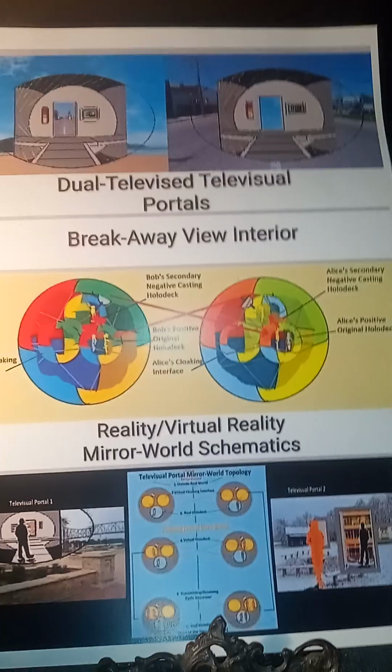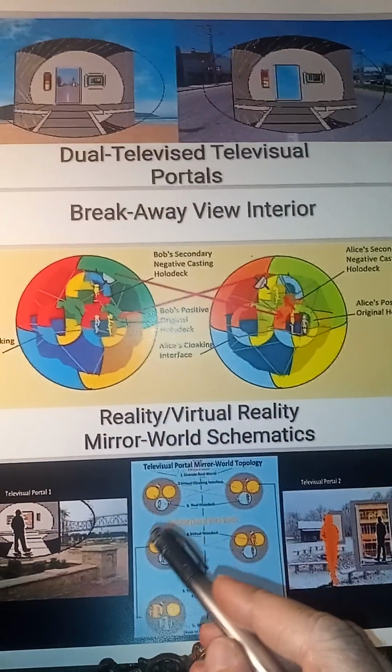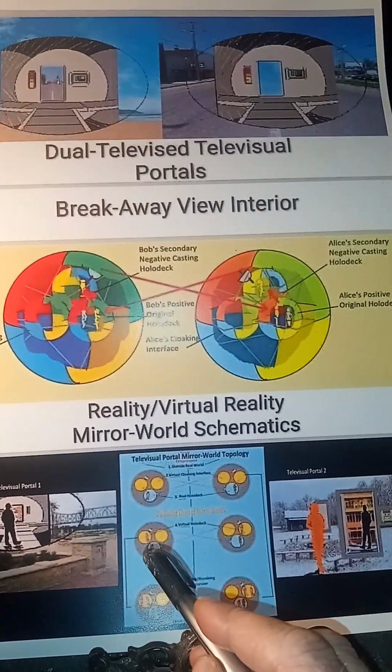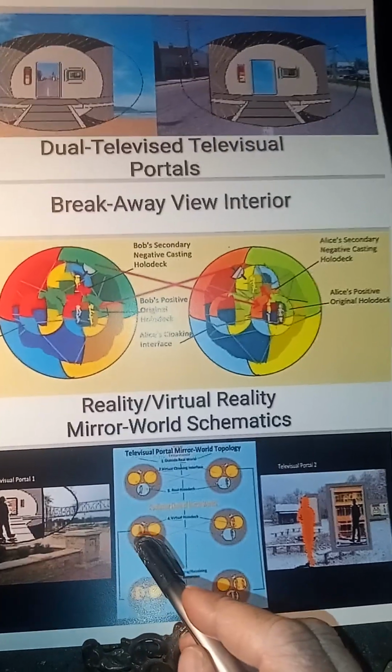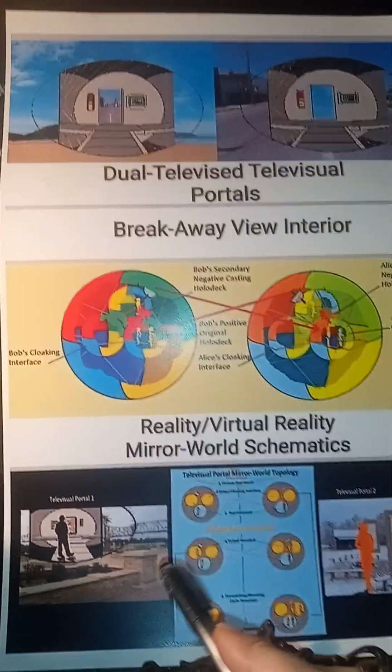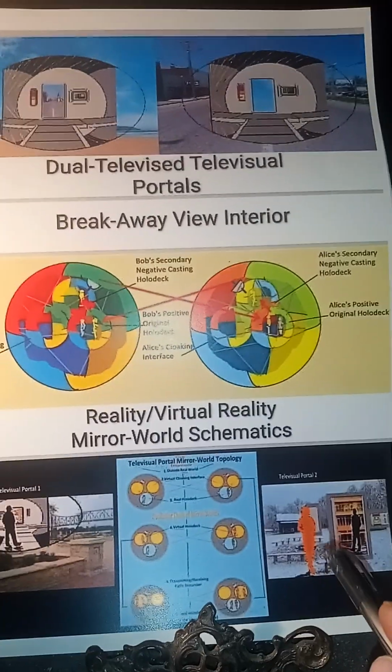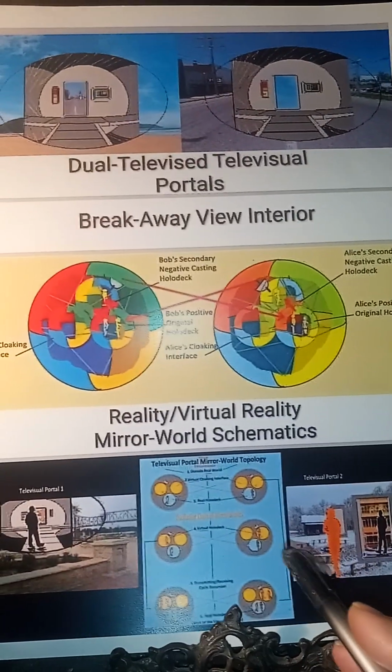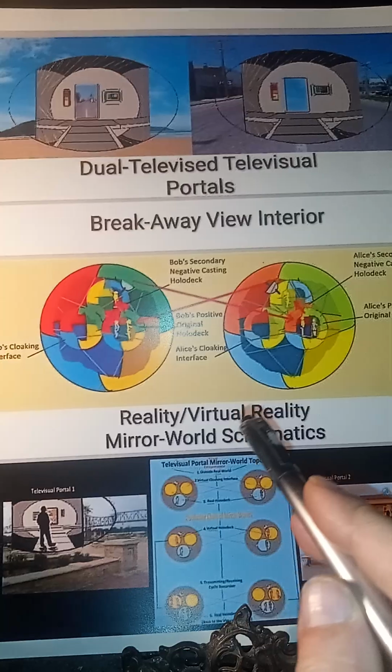And all these are just cavities, chambers, interfaces that lead to portal technologies and dual televisual portal systems.